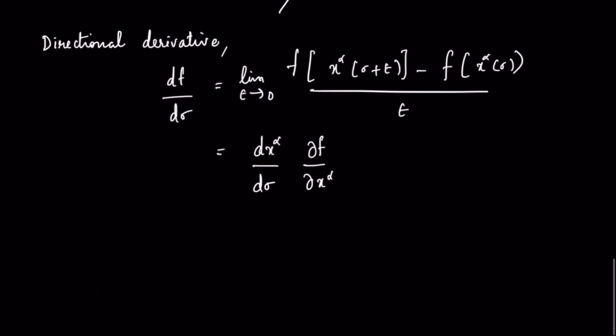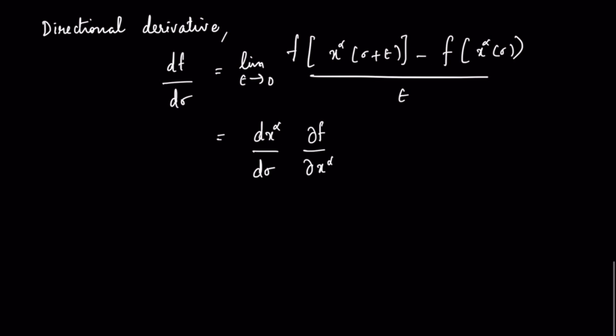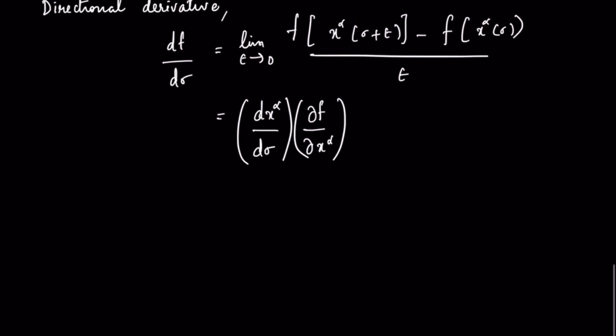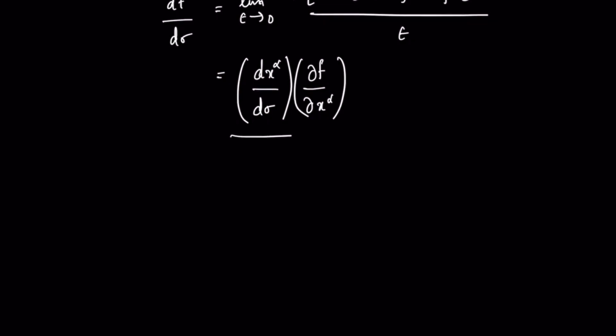How do I take the derivative? The partial derivative with respect to x alpha, and the complete derivative of x alpha with respect to sigma. So this is how I have to take the derivative. So df by d sigma can be written in this form. Now here sigma is the curvature parameter.